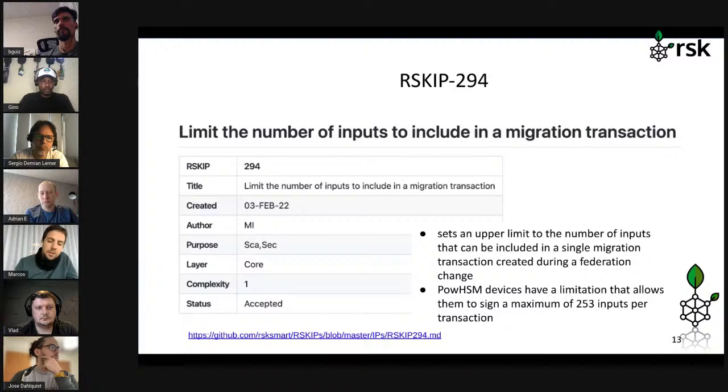because that will give us the advantage of having more UTXOs in the new federation. So if we have 300 UTXOs in the bridge and we migrate them to the new federation at a maximum of 50 per migration transaction, the new federation will have 6 UTXOs available, and that will reduce an issue we have that is related to the UTXO consolidation, because if we only have one UTXO available, we can process like one payout request at a time.